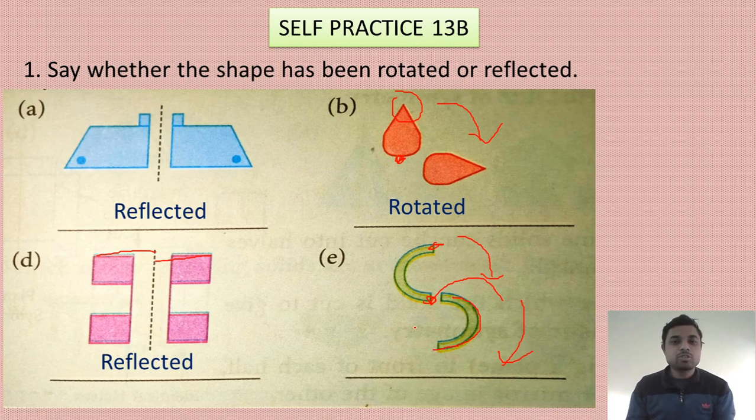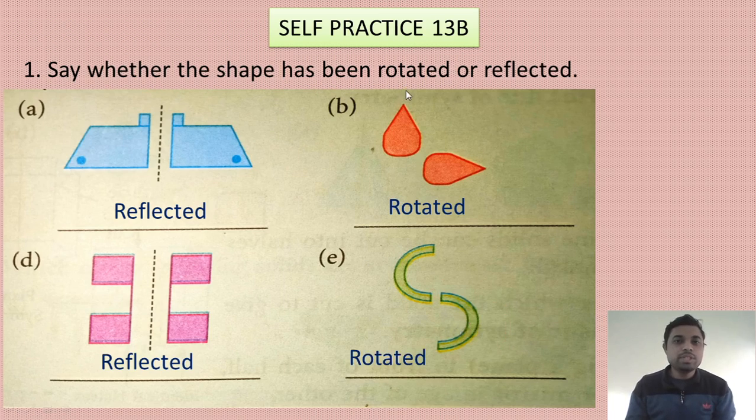Is it clear? So first it rotates taking this center, it will be like this. Again when it rotates it will be like this figure. So here it will be rotated. Is it clear? Very good.